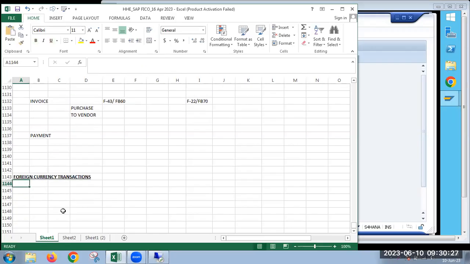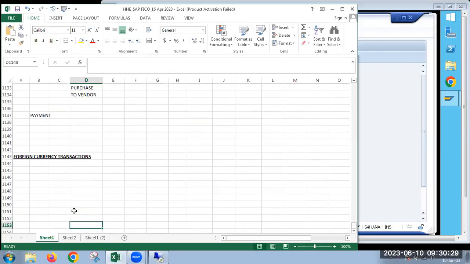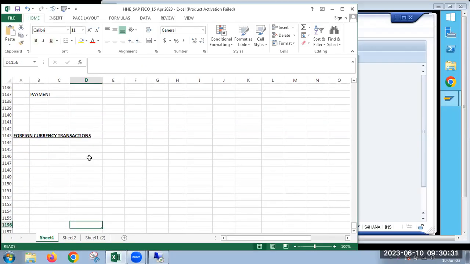Foreign currency transaction. Okay, so think about we do a transaction with a US dollar. Different currency, US dollar. So we make a purchase. On 1st of June 23rd, we make a purchase of $1,000.